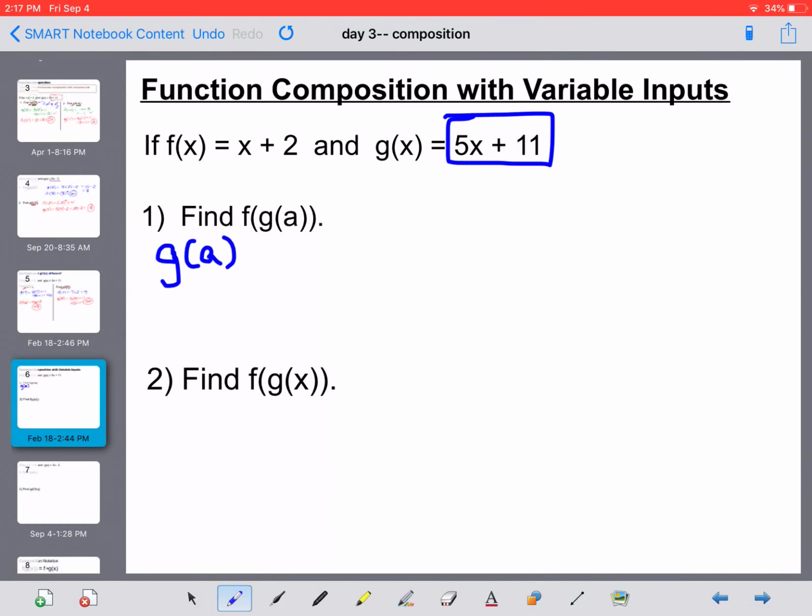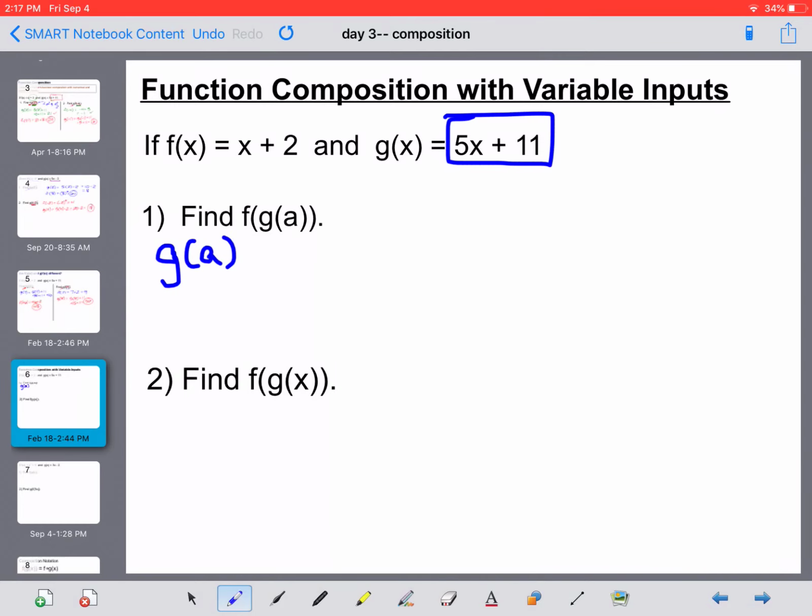Now, f of x is x plus 2, so I'll be finding here f of 5a plus 11. Okay? I will go ahead and use my parentheses here. And I'll bring down the plus 2 because that was part of that function f of x.